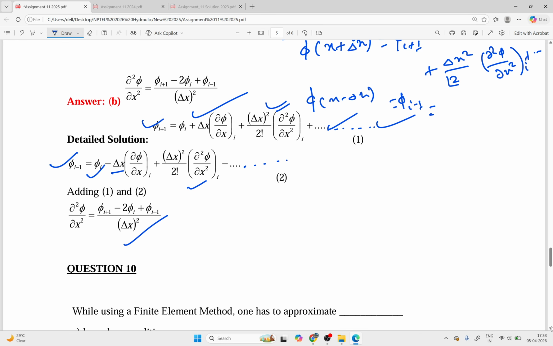You have other methods also: the forward difference method, the backward difference method, the central difference method, and a lot of other methods. Another you have is the finite element method, and the finite volume method.